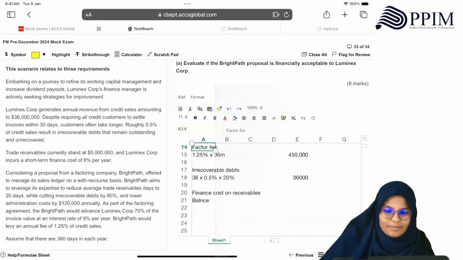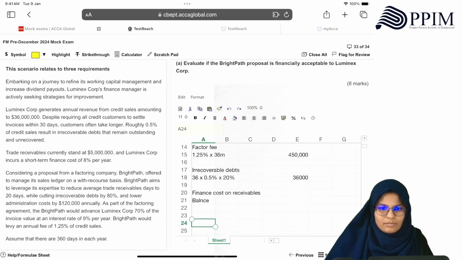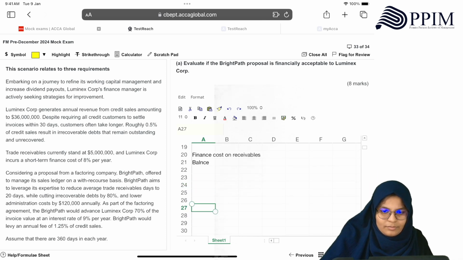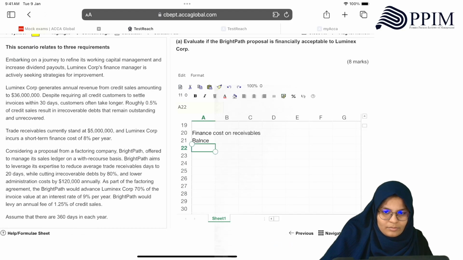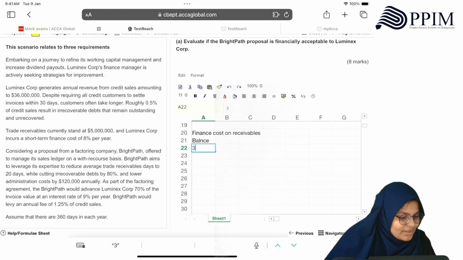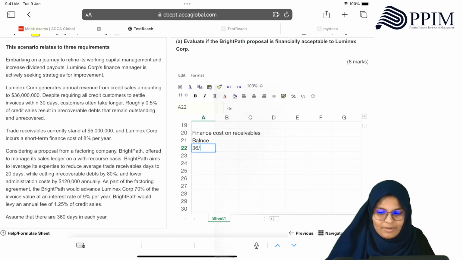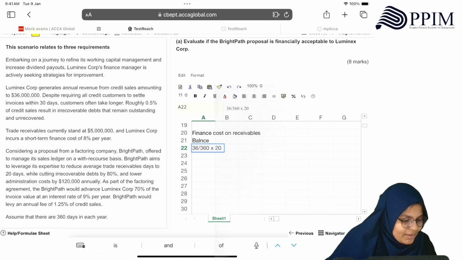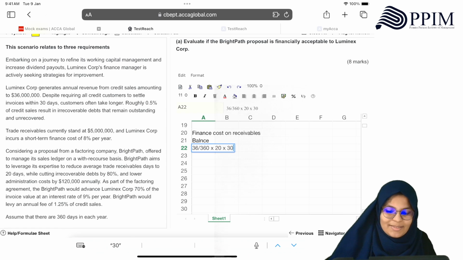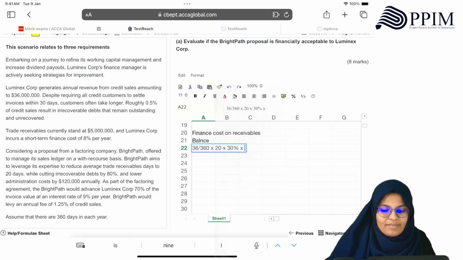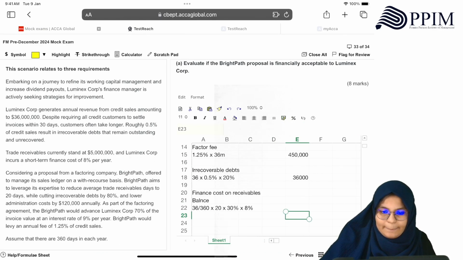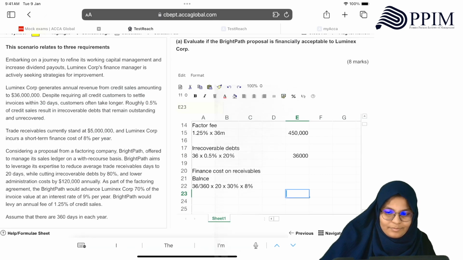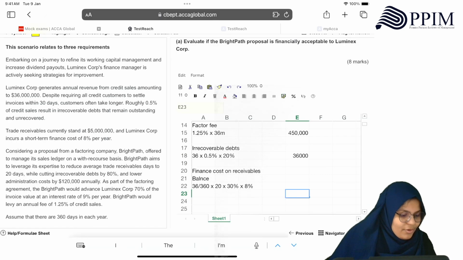Okay, I'll type it again. So I'm talking about 36 million divided by 360 days into 20 days into the balance 30%, which I will have to pay 8%, right? So that will be 48,000.